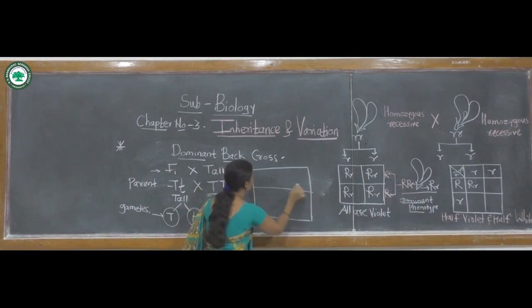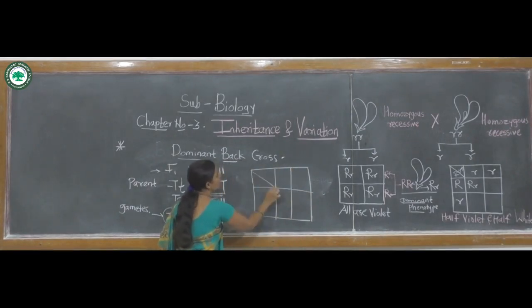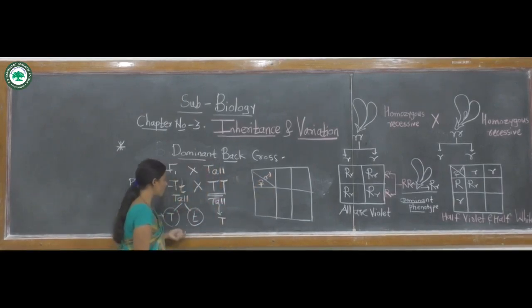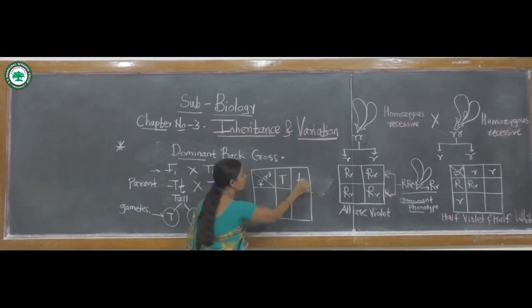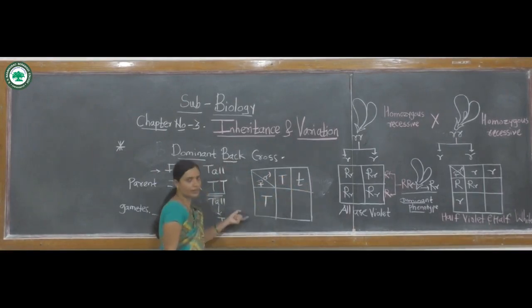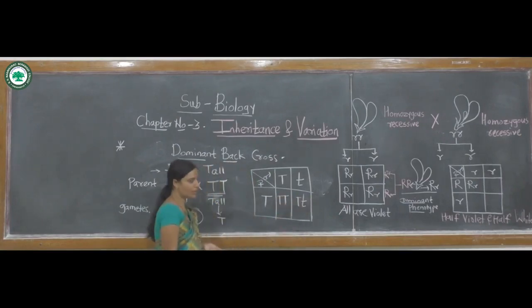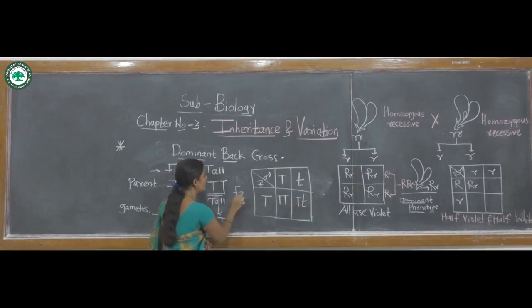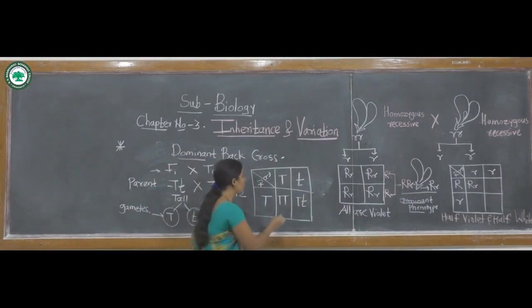In the dominant back cross, the offspring are capital T capital T, capital T small t, capital T capital T, and capital T small t. This F2 generation has two kinds of plants.